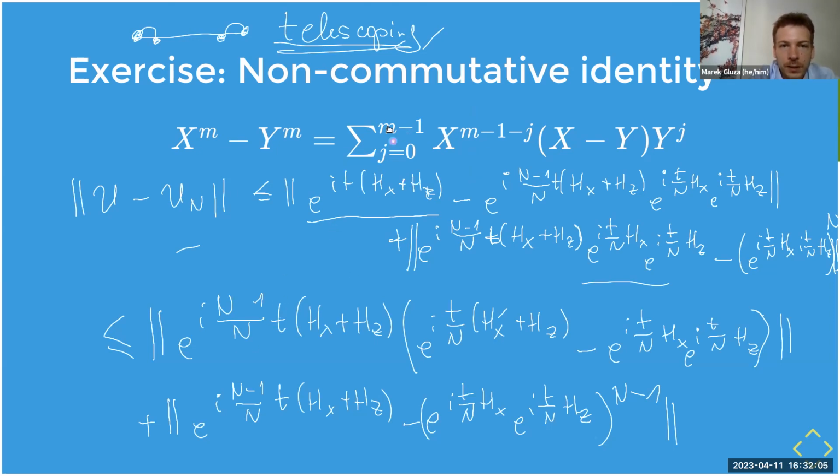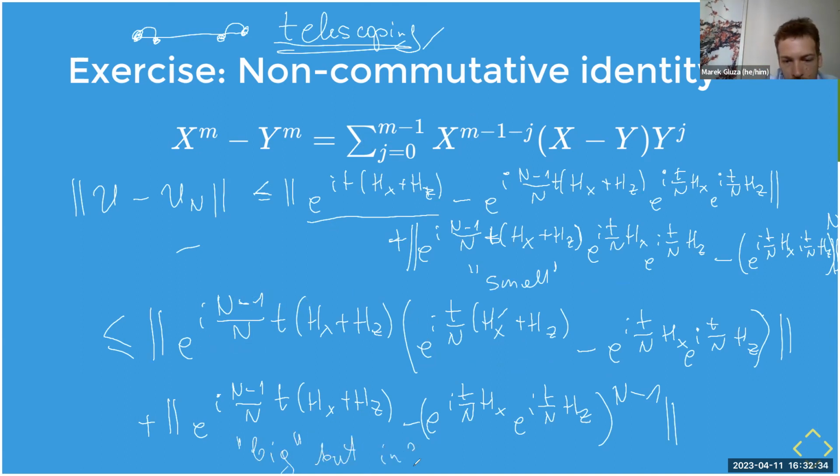So this object here will go away. And what we have here is that this is already the small one. This is small. And this is big, but infinitesimally smaller.